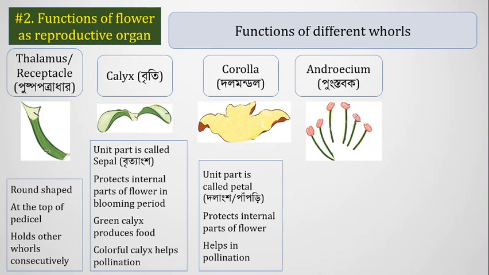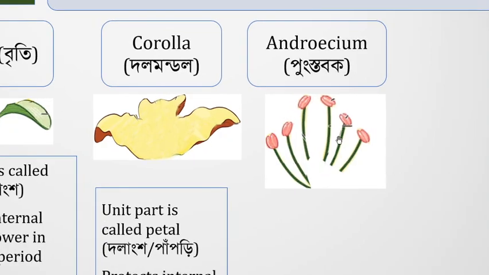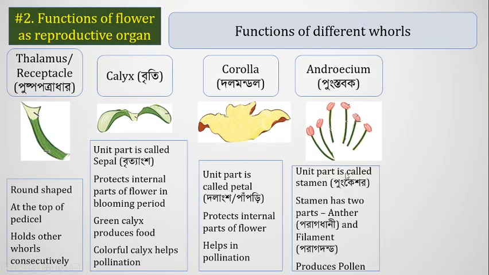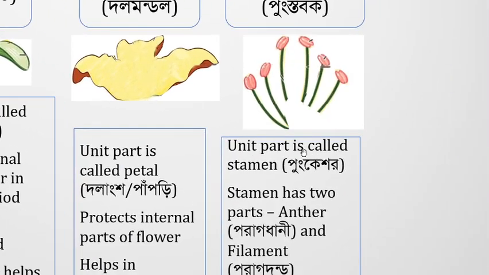Now we're discussing the male part present in the flower, which is called the androecium. Most often the male part is made up of multiple unit parts. These unit parts are called stamens. Here we see that the flower drawn in your book contains 6 unit parts, so the androecium contains 6 stamens.